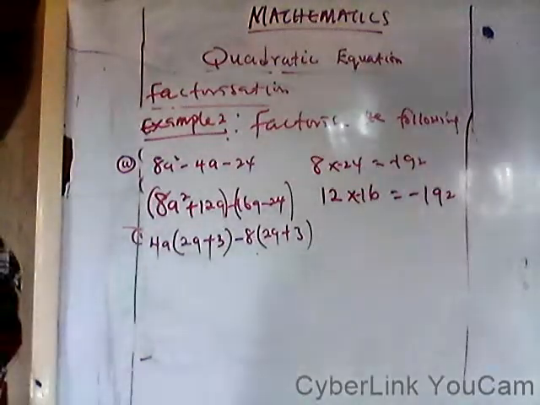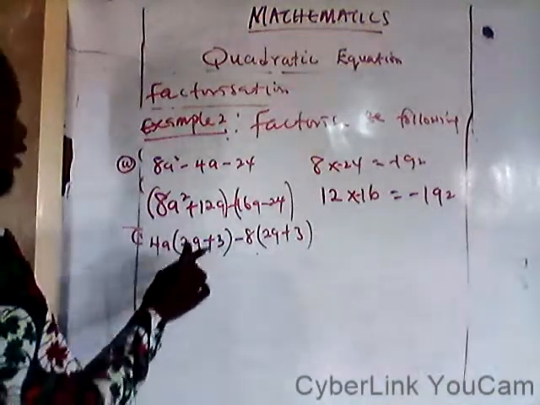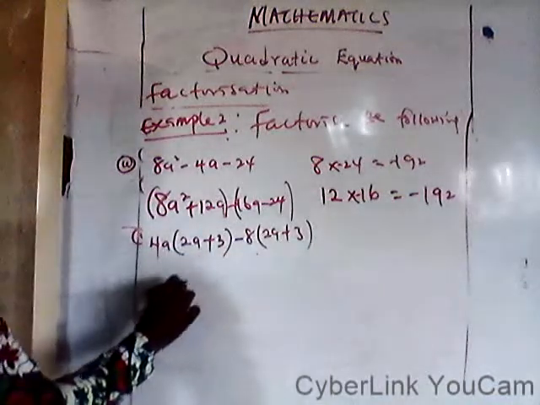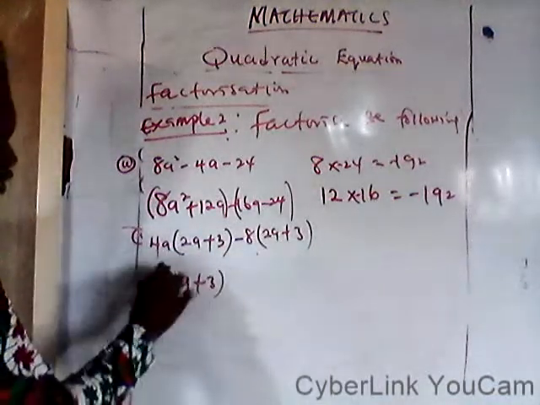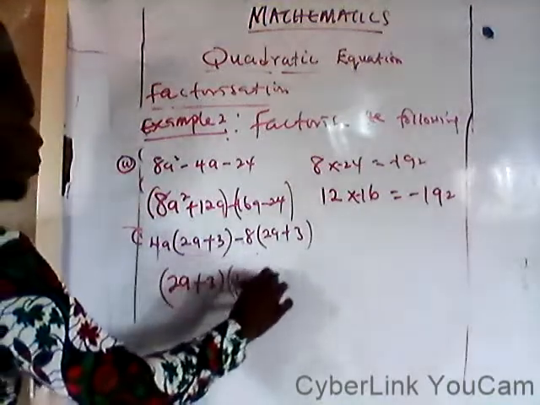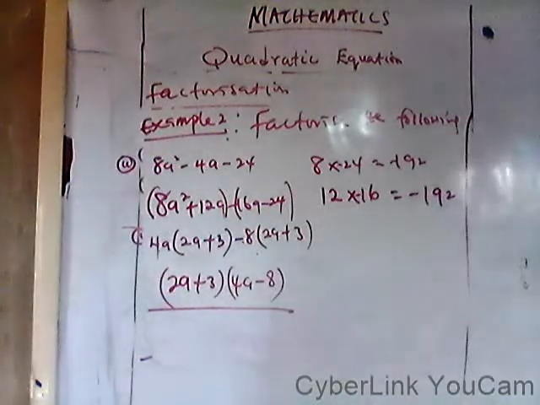So nothing has changed there. The form is still correct. Now, you discover that this one and this one are the same thing, right? So you can say that you have your 2a plus 3 in brackets. This one is 4a, this one is minus 8. Very simple thing, very simple to do. With this, you have been able to factorize the expression.